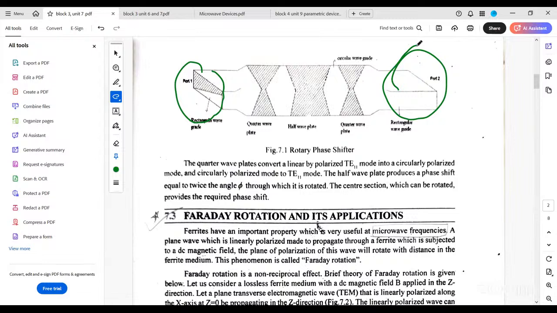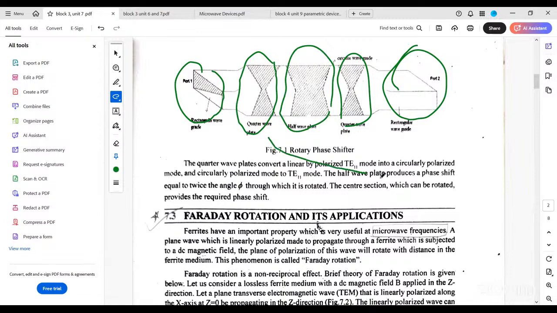To these rectangular waveguides, at the beginning of the ends, I am attaching quarter wave plates. Which wave plates? Quarter wave plates. How many quarter wave plates do we have in this diagram? Two quarter wave plates. In between the two quarter wave plates, I am connecting another plate called a half wave plate. What is the first quarter wave plate's function?